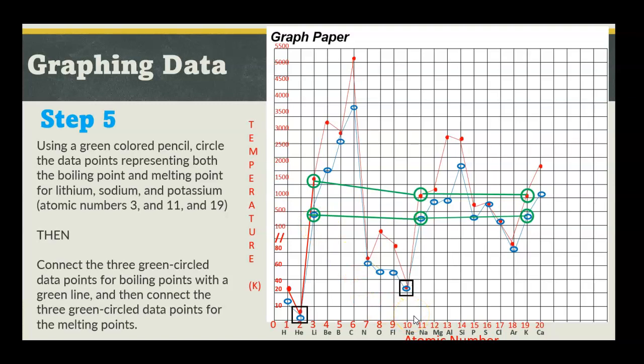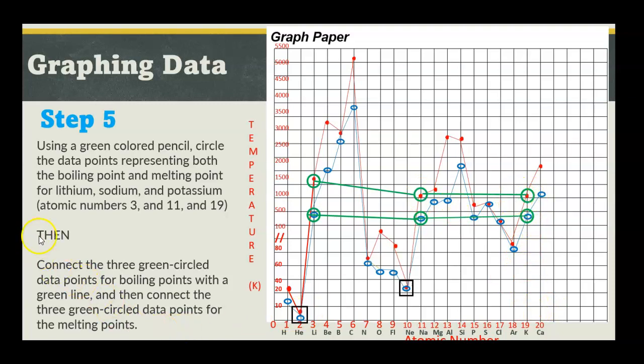Element 11, and I went ahead and added the element name under each number just to help me make sure I stayed on the correct element. So then we went on to element 11, which is sodium, Na. You circled that one, and then 19. Circled that point, circled that point.